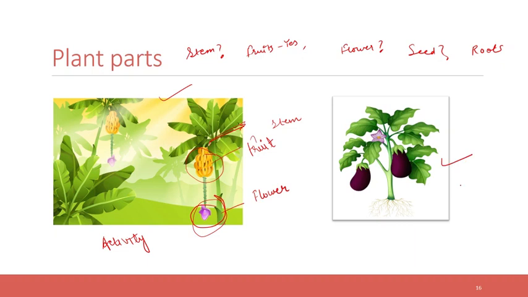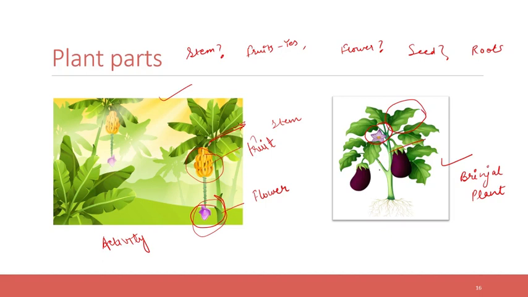Now tell me, what is this? This is a brinjal plant. But you cannot eat the flower of the brinjal plant, or the leaves, or the stem.